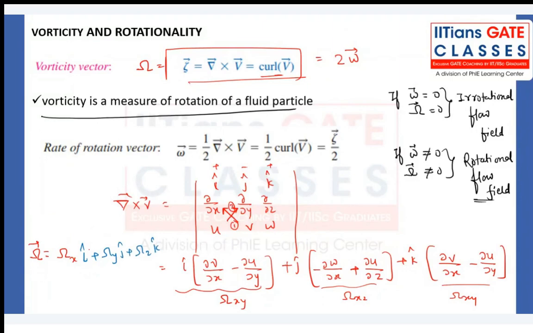Sorry, here there is no yz. Something is missing. xy is there, yz should also be there, right? This is dou omega. Make a correction. This is dou omega.